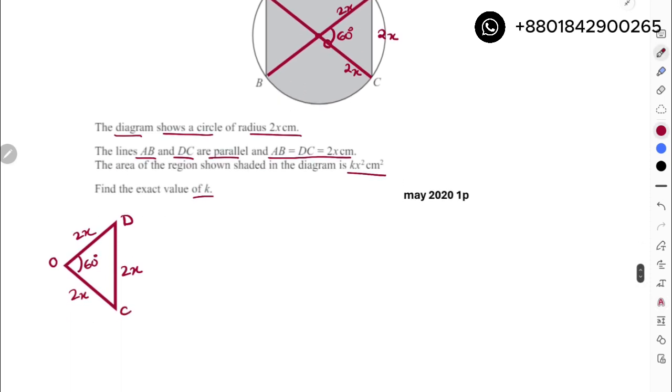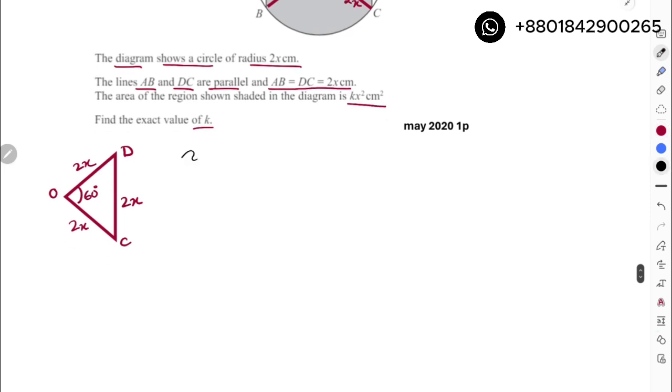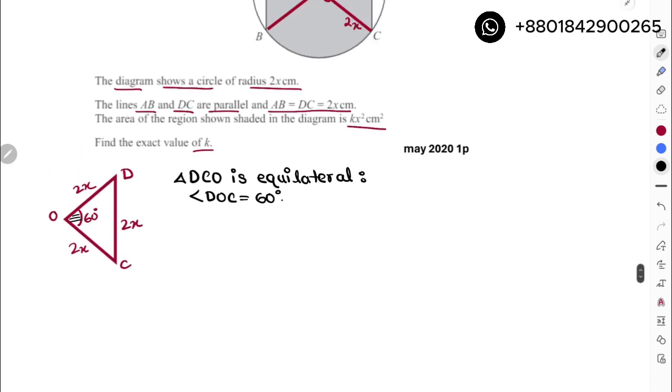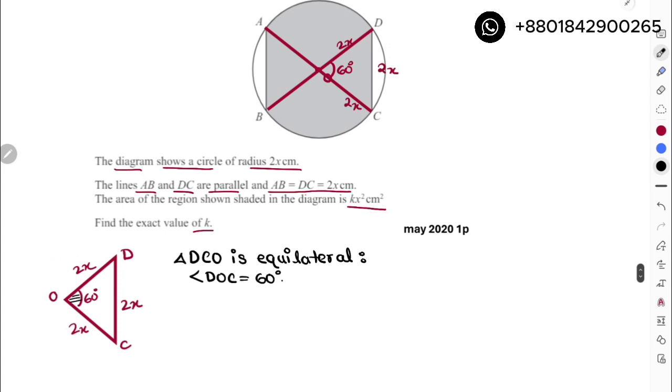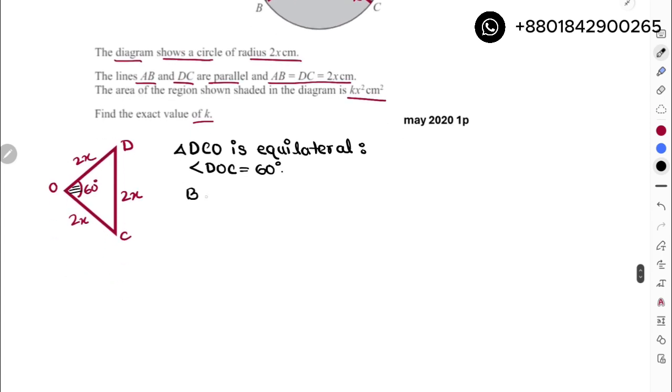If you cannot understand, we can always explain that, but I want to write it down over here: triangle DCO is equilateral, and that makes your angle DOC 60 degrees, right? If your angle DOC is 60 degrees, in that reference, now we can say that BOD is a straight line.